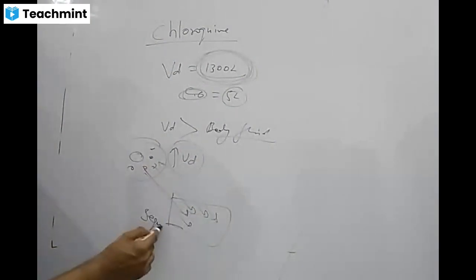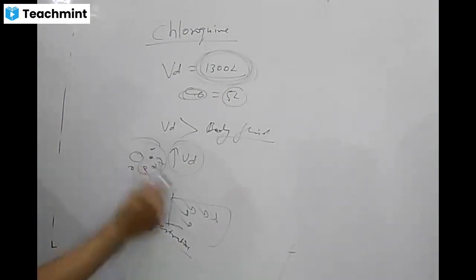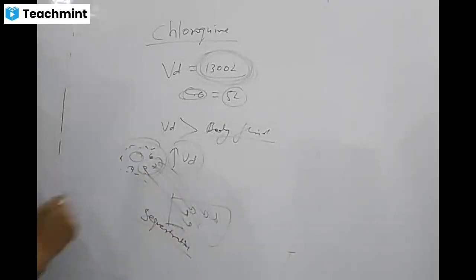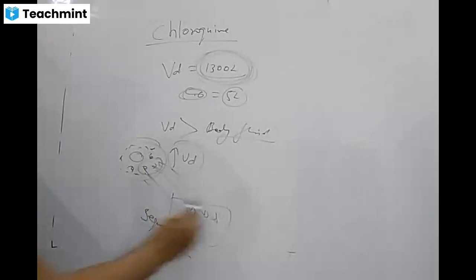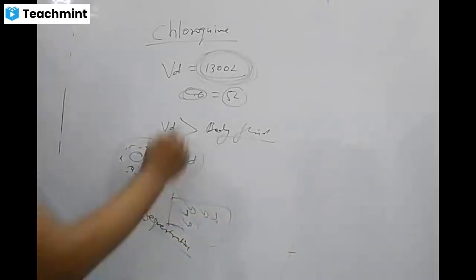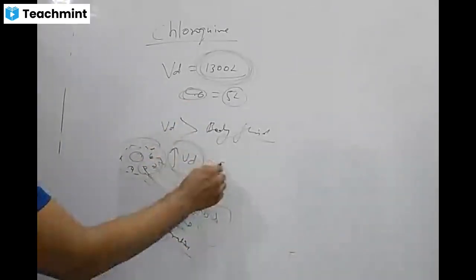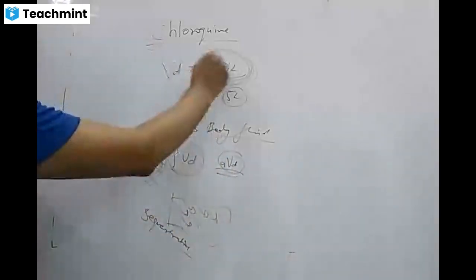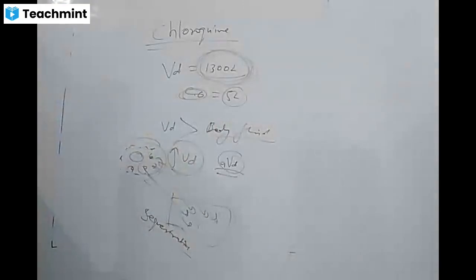We use the term sequestration: the drug is sequestered into the tissues. The more it enters the tissues, the less will be in the blood. So it is more distributed and will give a higher apparent VD, like chloroquine having 1300.